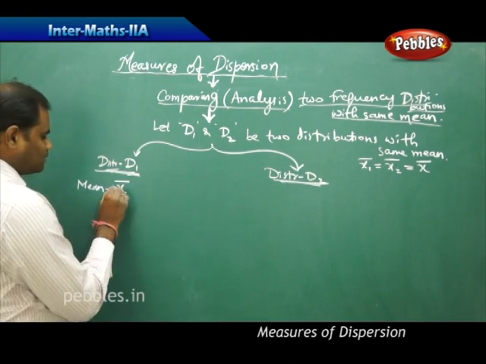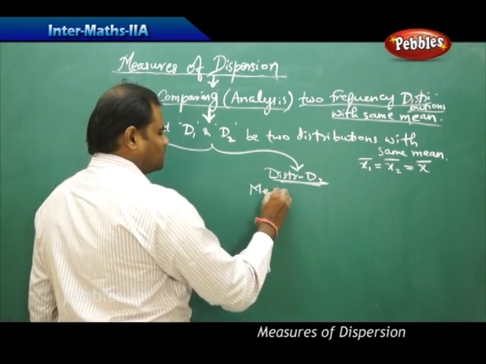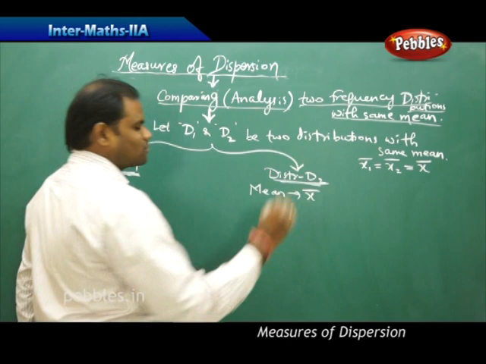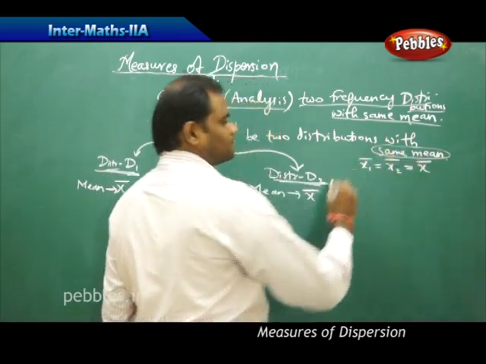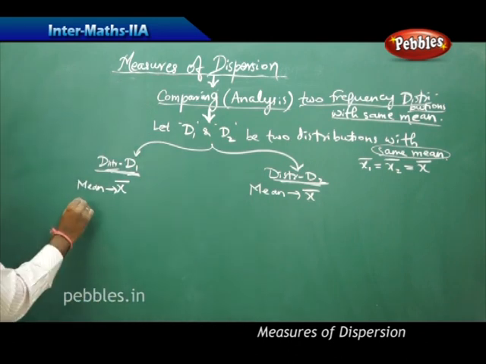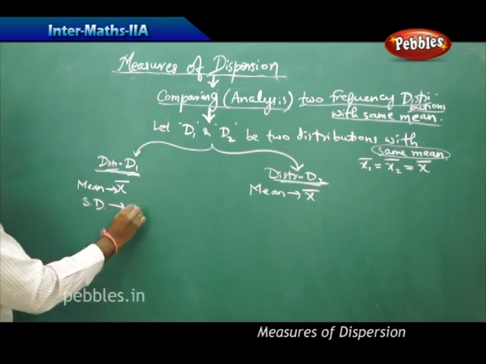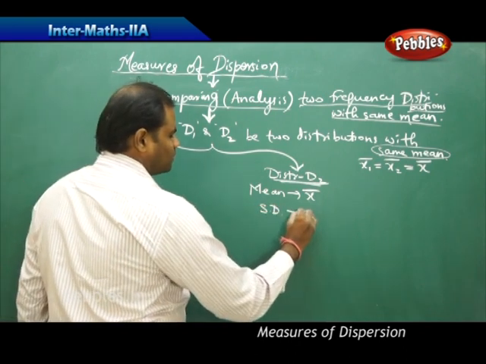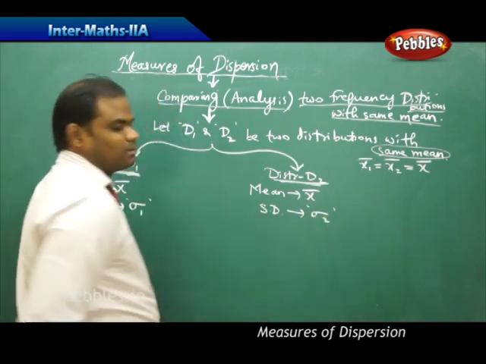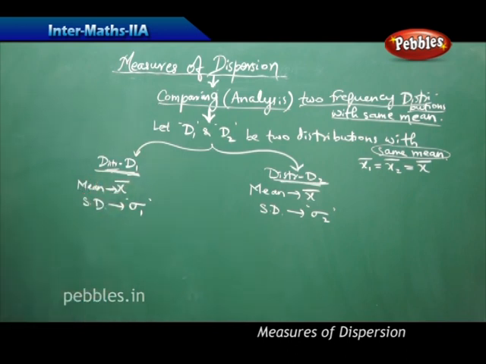Now let the standard deviation of distribution D1 be sigma 1 and the standard deviation of distribution D2 be sigma 2, which are not the same.